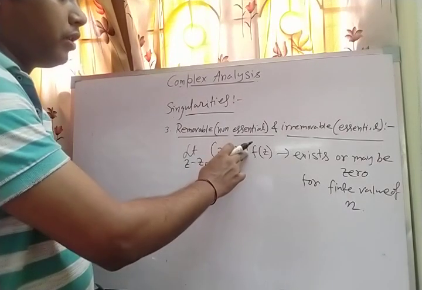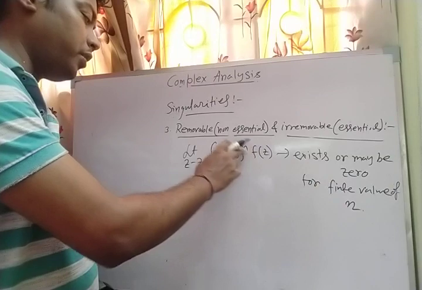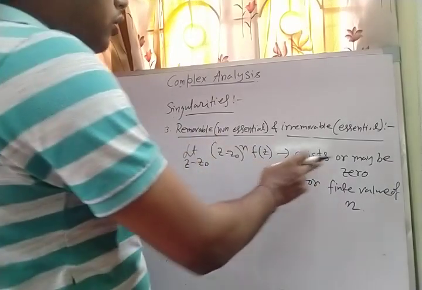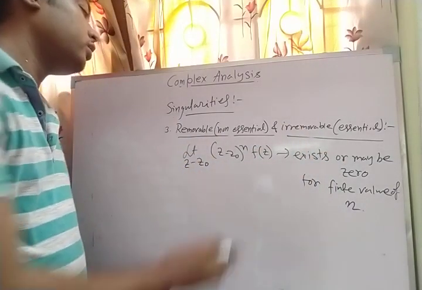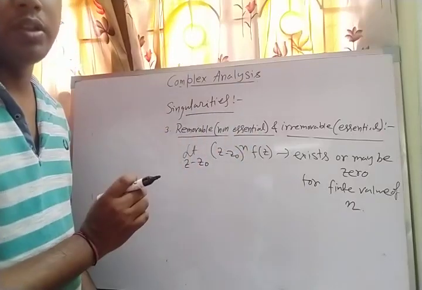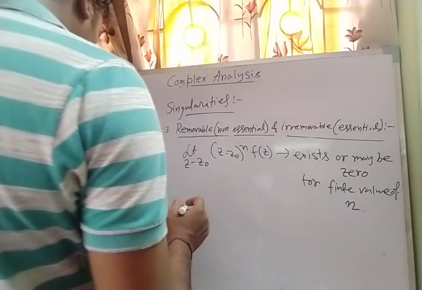Remember, for finite value of n, if these limits exist or may be 0, then it is called removable or non-essential. Let us take an example.